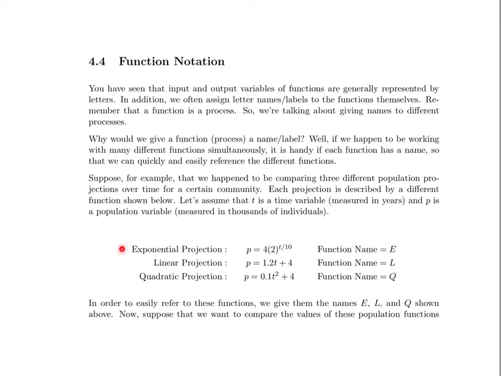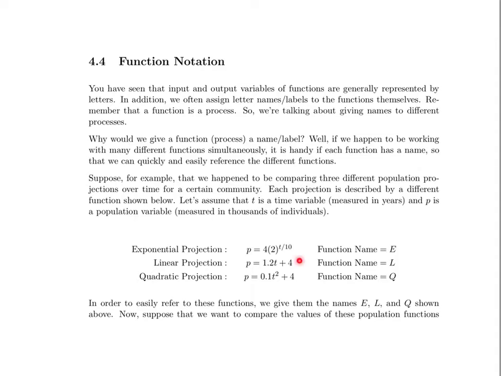Now, the 3 functions give you 3 very different predictions. We have an exponential projection, a linear projection, and a quadratic projection. If we were going to compare these projections, it would be nice if each of these equations had their own label or their own name. So for the exponential projection, we might assign the letter E to that function.